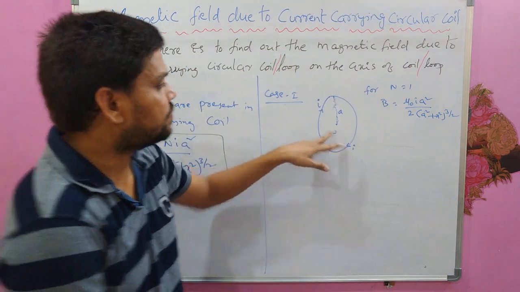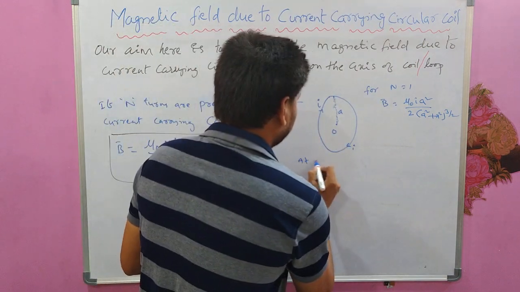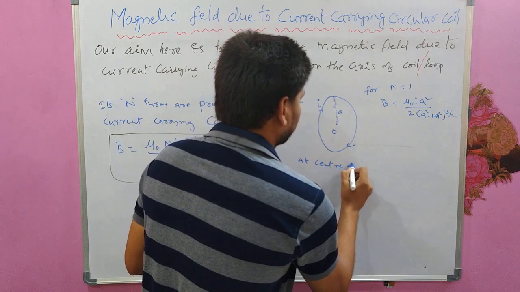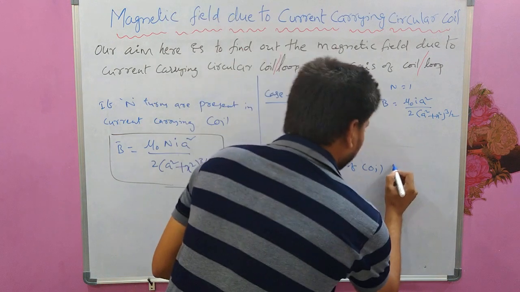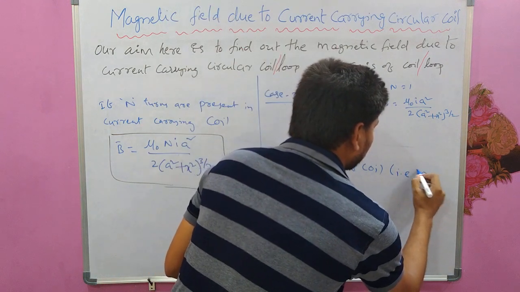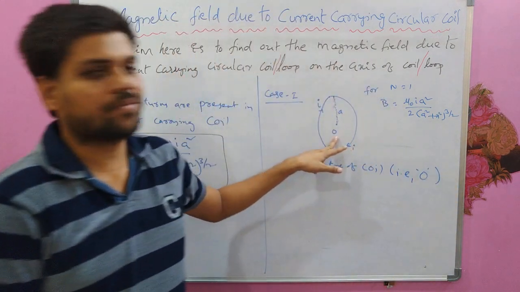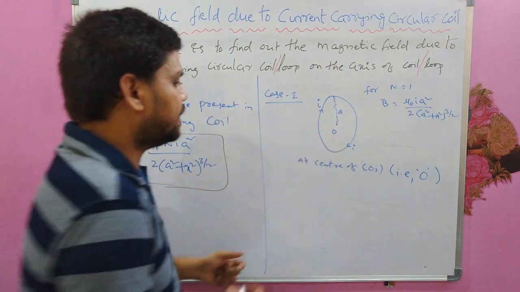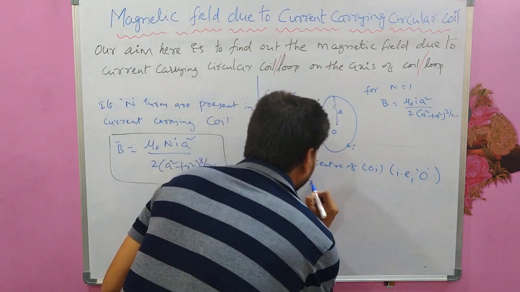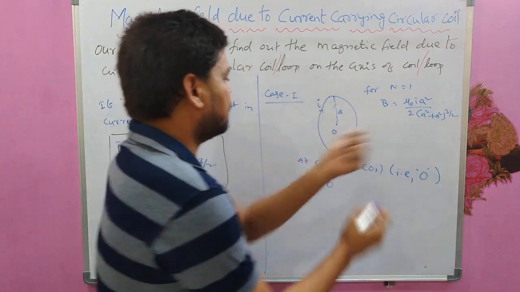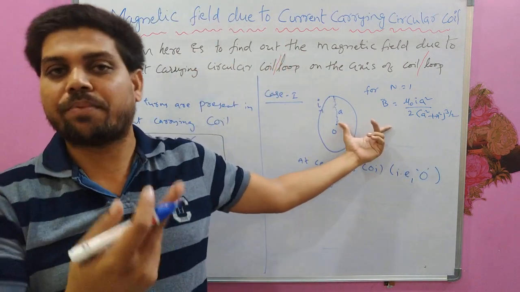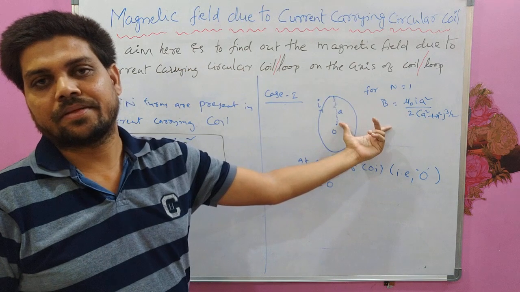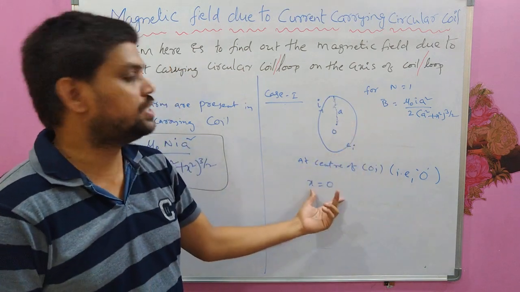And at the center of the coil, that is at O, how much is the magnetic field? At the center of the coil, x is equal to 0, because x is the distance between center and the point P, and x is equal to 0.